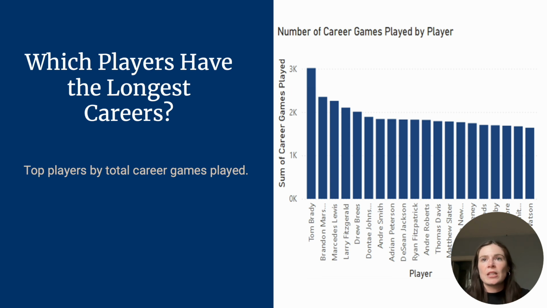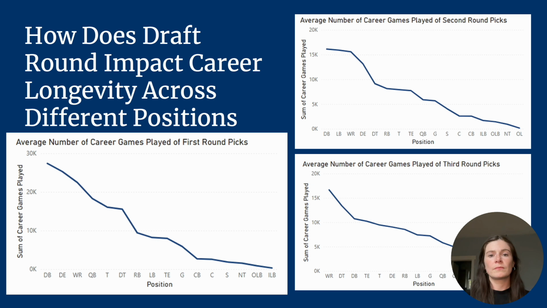And after looking at the longest individual careers, I wanted to zoom out and explore how draft round and position affected career longevity as well. These graphs show the average number of career games played, and I used filters in Power BI to break that information down by both draft round and position to pinpoint some more niche numbers. So overall, players picked earlier, especially in first round, tend to have longer careers.